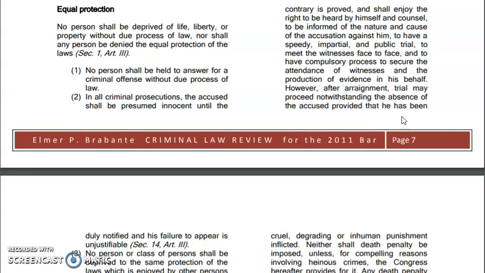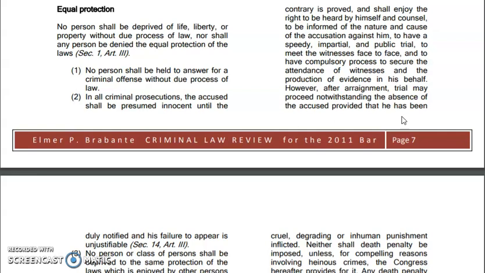It must be general in application. Hindi siya pwede na i-limit into a particular group of people because that can be tantamount to a class legislation also.